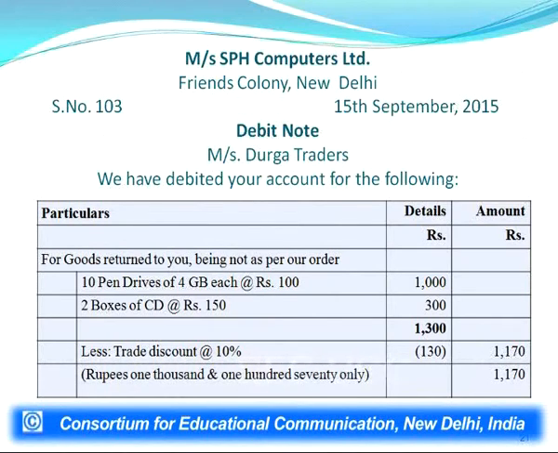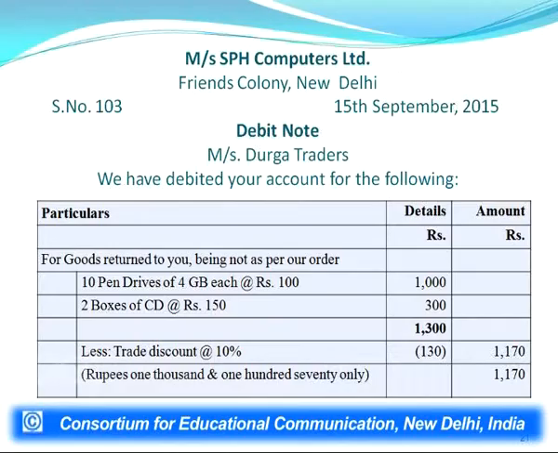In particulars they are giving: the goods returned to you being not as per our order, that is 10 pen drives of 4 GB each at rupees 100 each, 1000, and 2 boxes of CD at the rate of rupees 150, that is 300. The gross value is 1300, and 10% trade discount at which it was purchased, 130, so the net amount is 1170, and this is recorded in the purchase return book.